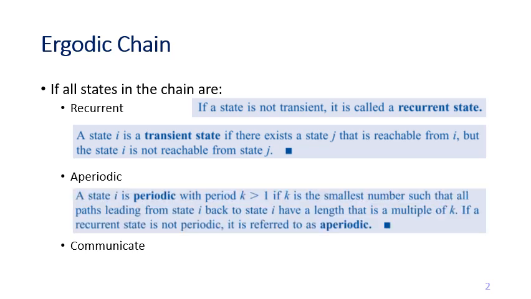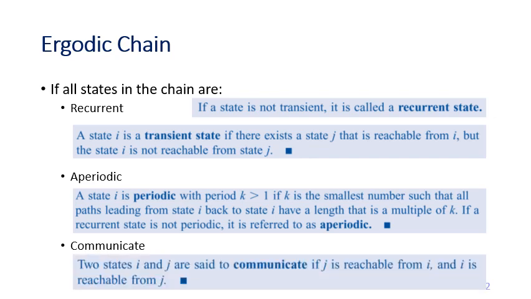And then aperiodic means that from state i, if you find the number of ways to go back to state i itself, the number of steps is not always a multiple of a number k, where k is greater than 1. If that is the case, then the state is aperiodic. And finally, communicate means that two states i and j are said to communicate if j is reachable from i and i is reachable from j.